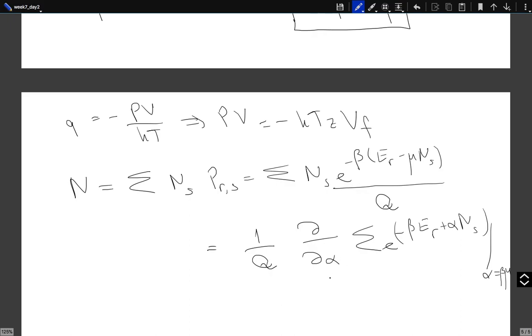Well, of course, this derivative with respect to alpha is at constant beta, or constant temperature. Or I can write the same thing as 1 over Q, derivative with respect to mu of this sum.